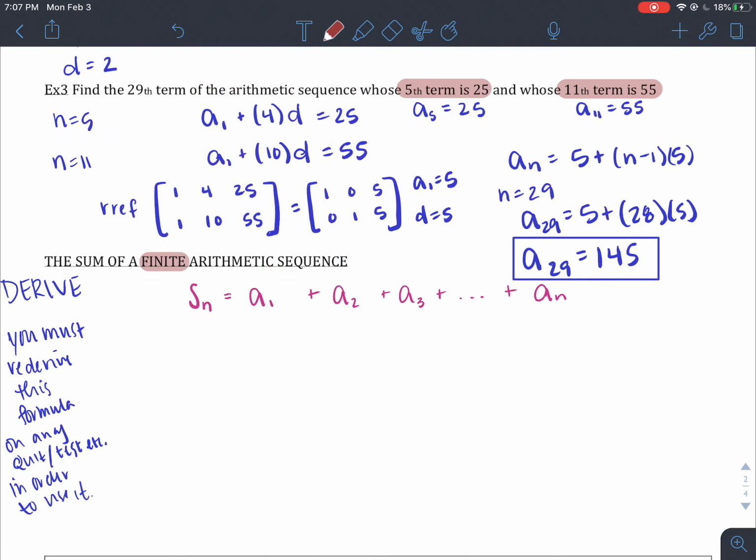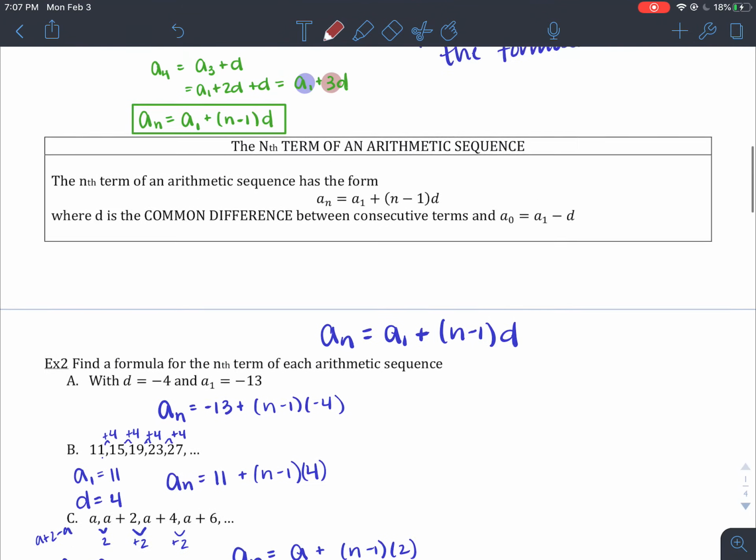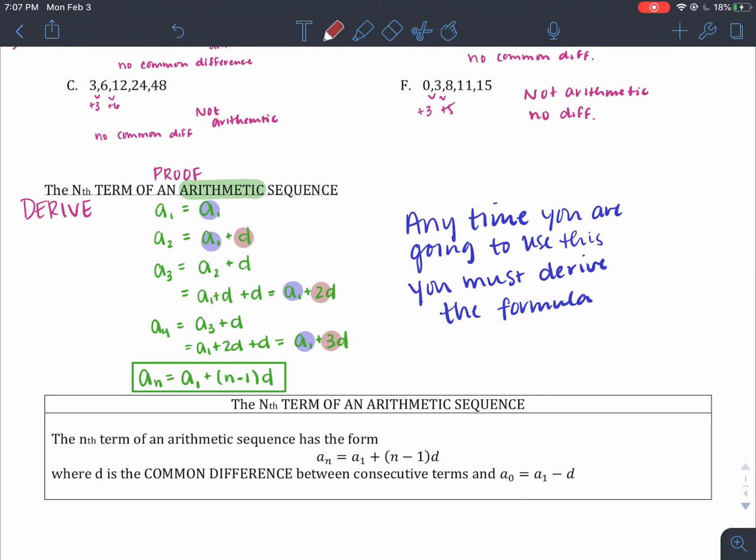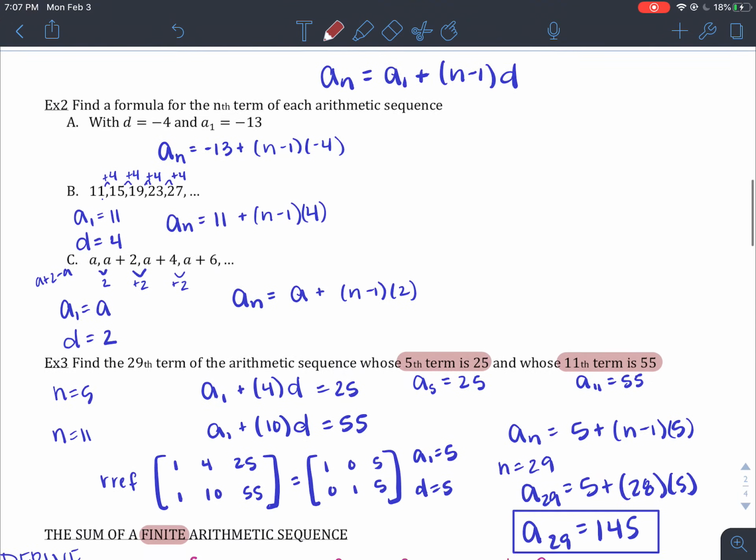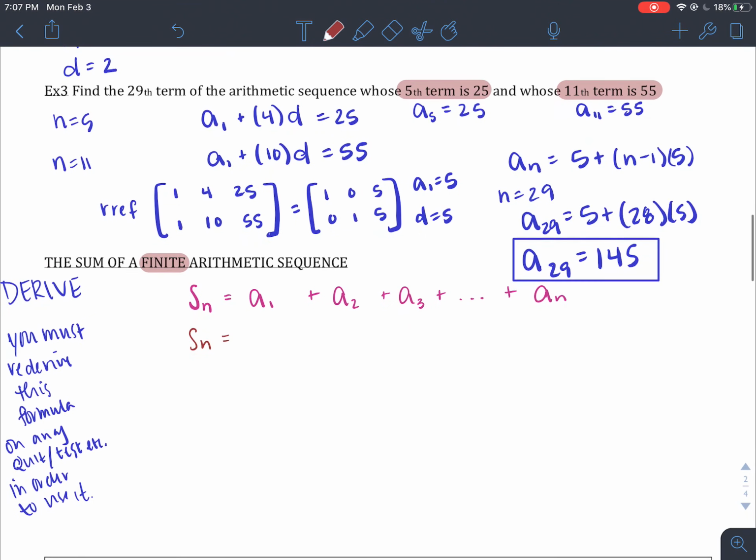What I'm going to do is take that equation and tweak it slightly, using what we did all the way up here, how we rewrote a sub 1, a sub 2, a sub 3, a sub 4. We're going to do that in this formula. So my a sub 1 stays the same, but my a sub 2, we said we could rewrite as a sub 1 plus d.